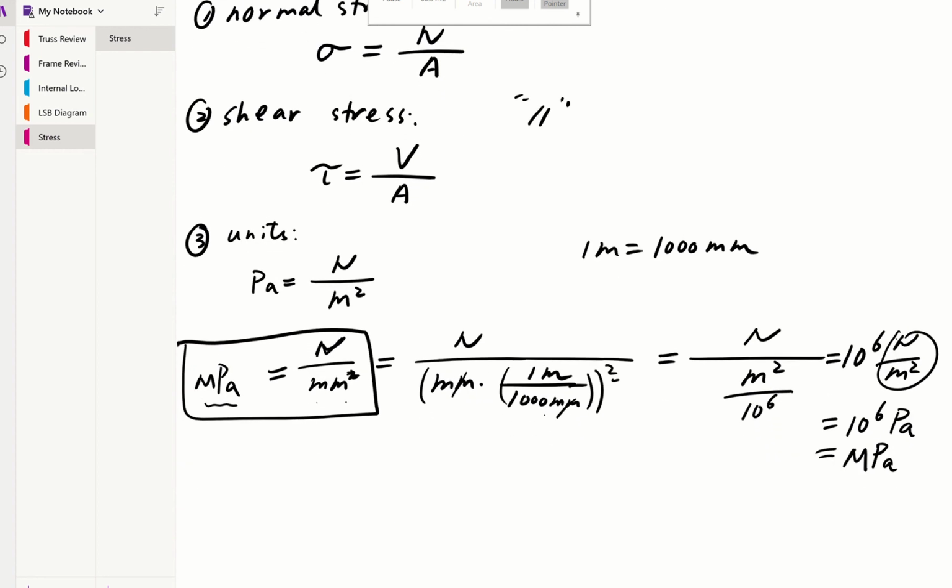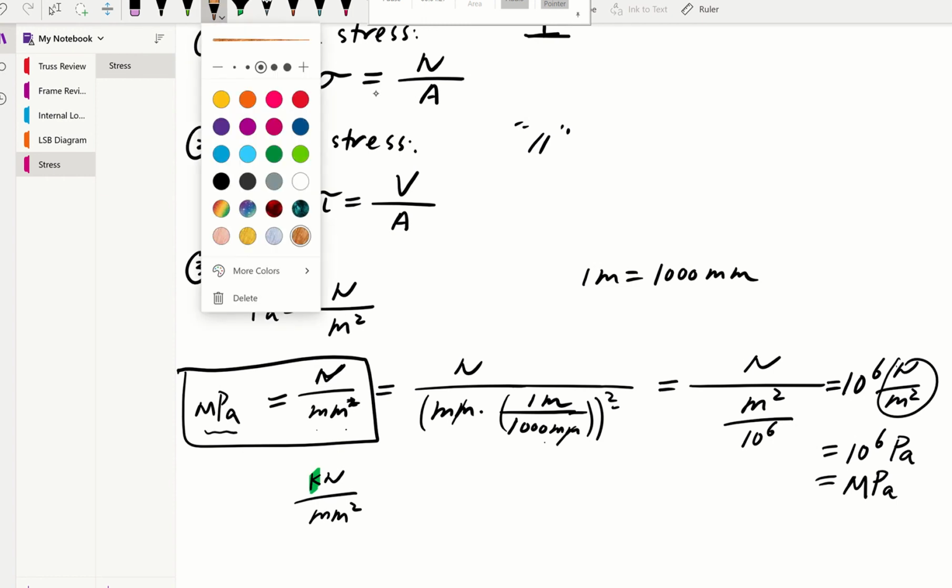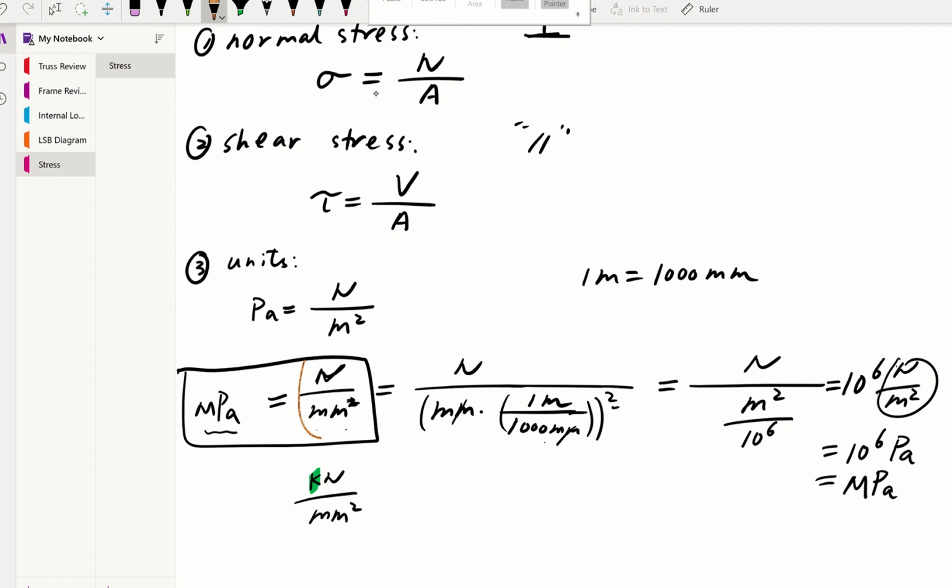Okay, so another quick one. How about kilonewton per millimeter square? The only thing that's different is this kilo, and the rest is the same. You already know Newton per millimeter square is megapascal.